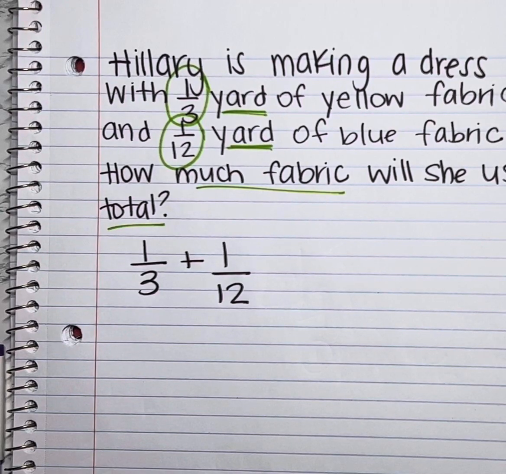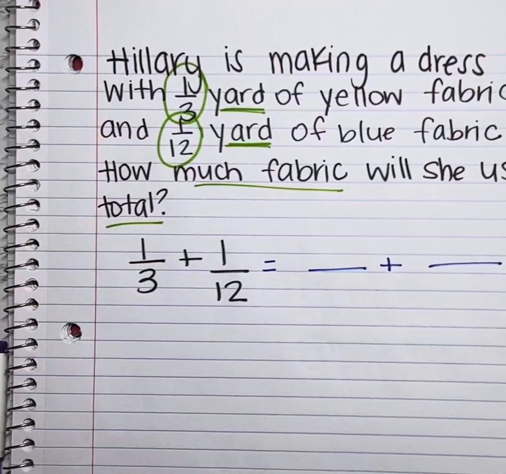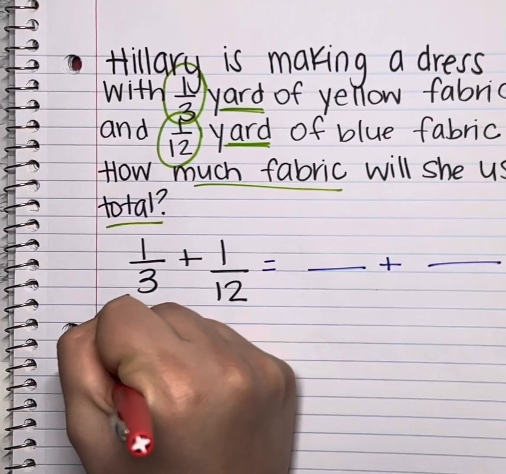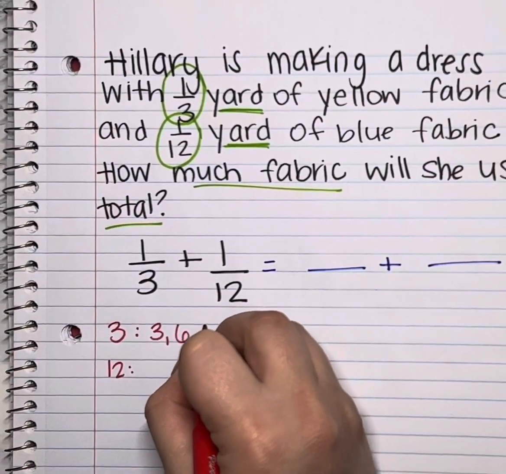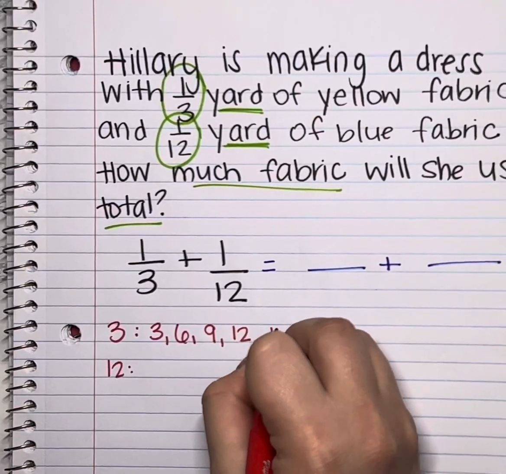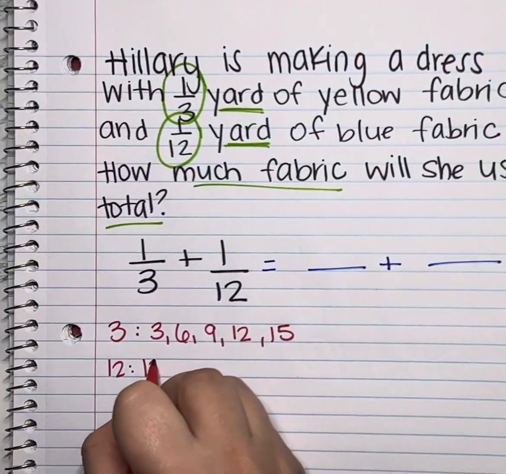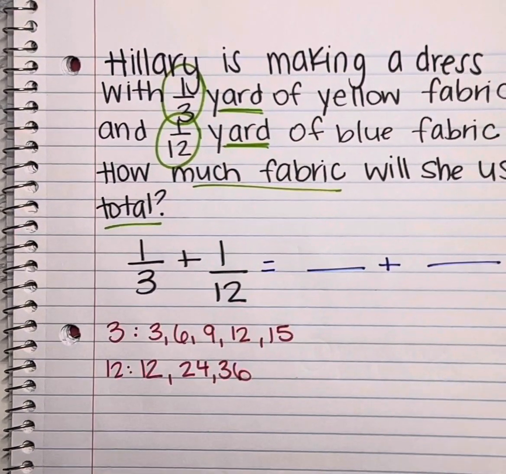Okay, step 1, let's get a common denominator. And I'm going to do this by listing my multiples. 3's are easy. Let's count by 3's. 3, 6, 9, 12, 15. Let's do 12. 12, 24, 36. Oh, do you see it already?